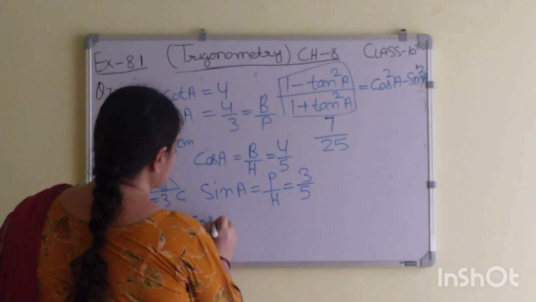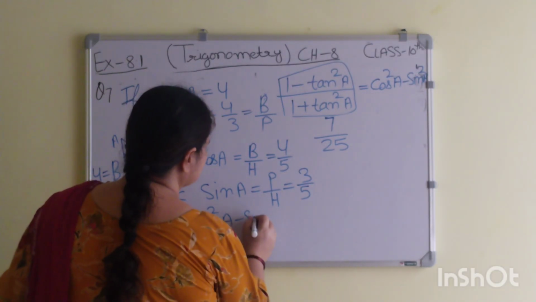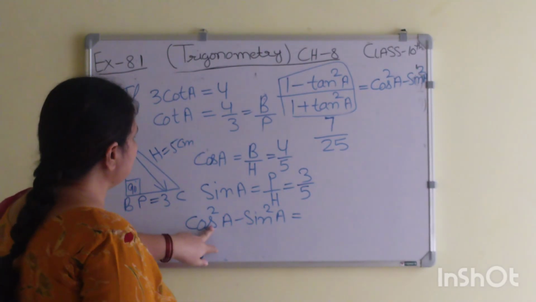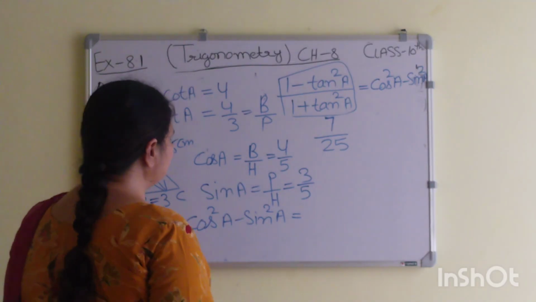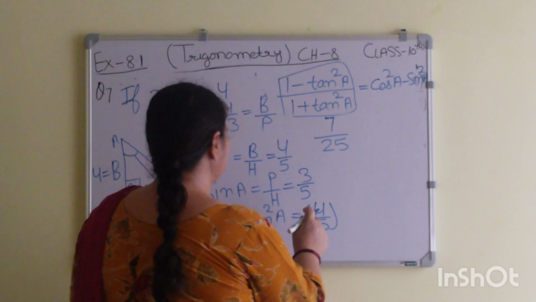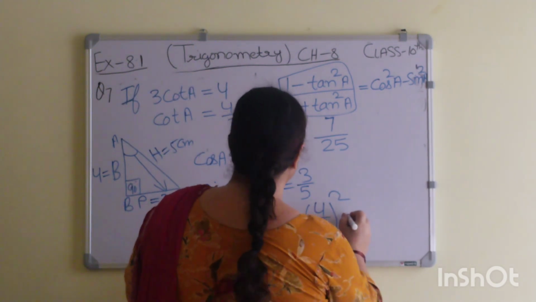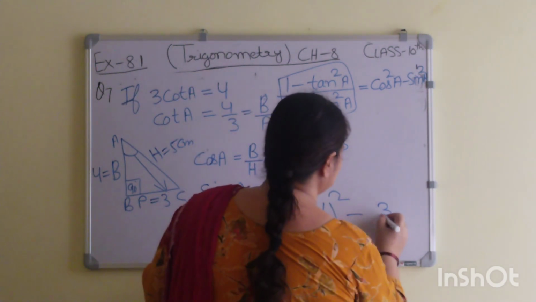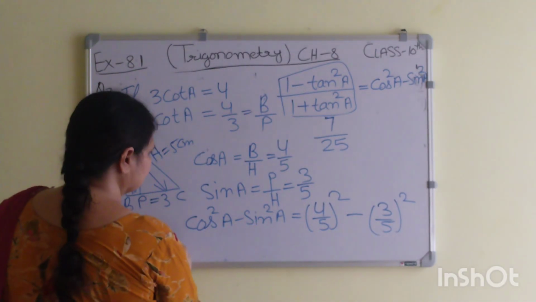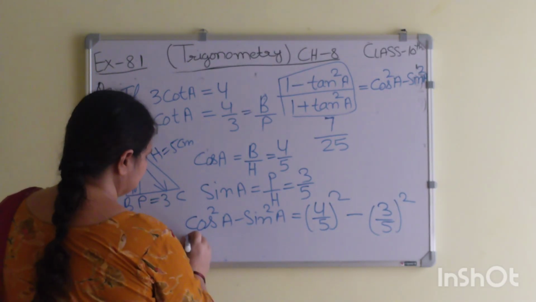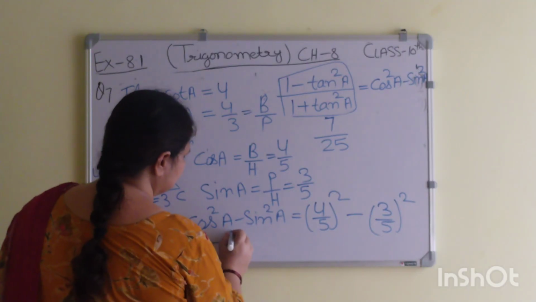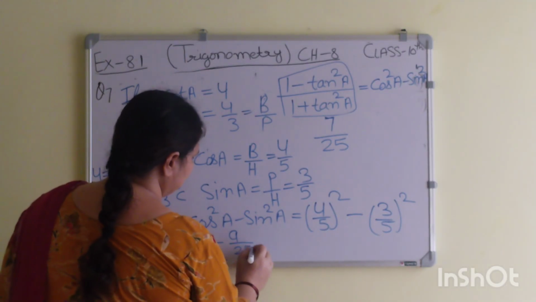So cos square A minus sin square A is equal to (4/5) whole square minus (3/5) whole square, which is 16/25 minus 9/25.